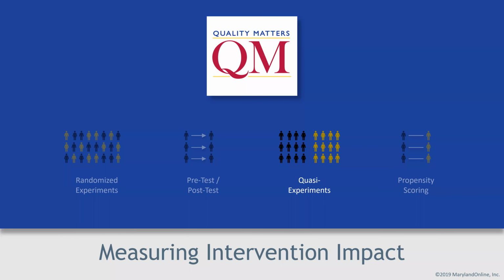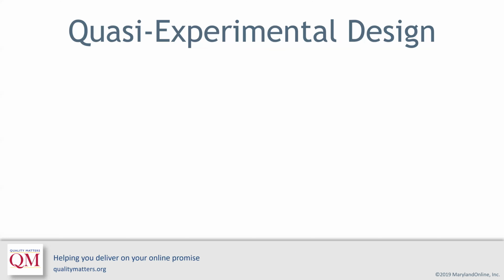In reality, the research study design that we probably use most often in educational research, particularly if you're on a low budget or have other restrictions, is the quasi-experimental design. This is a study that resembles an experimental design.